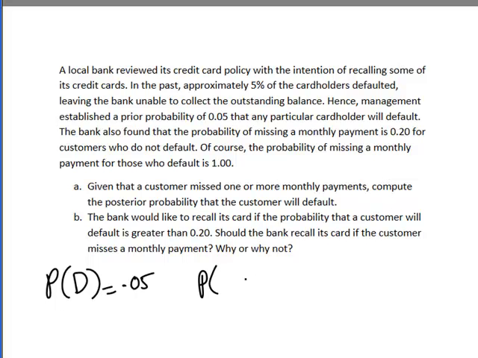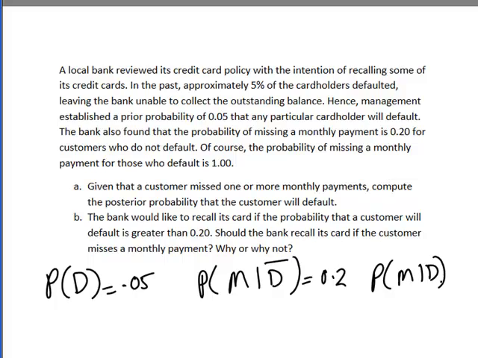So given that the customer does not default, D bar, the probability of missing a payment is 0.2. Of course, the probability of missing a monthly payment for those who default is 1. So given that you default, of course you must have also missed a payment, so that is 1.